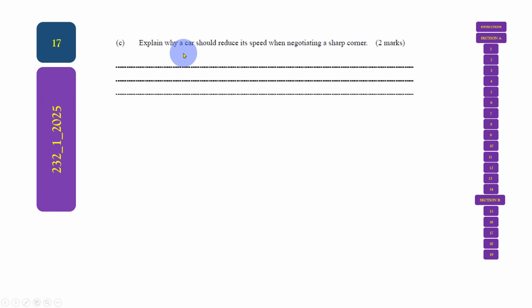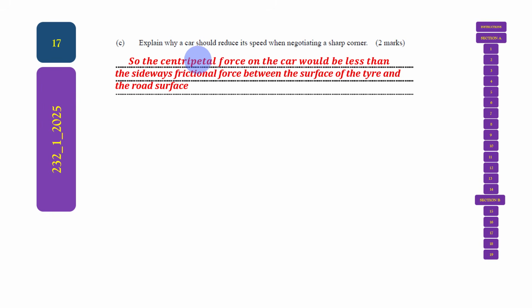C. Explain why a car should reduce its speed when negotiating a sharp corner. Why should a car reduce its speed? We must remember that the centripetal force on the car is provided by the sideways frictional force between the surface of the tire and the surface of the road. So it is important that the centripetal force on the car should be less than that frictional force.